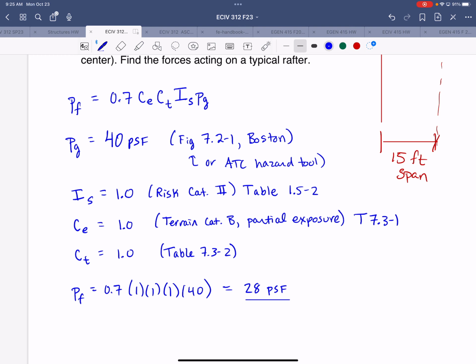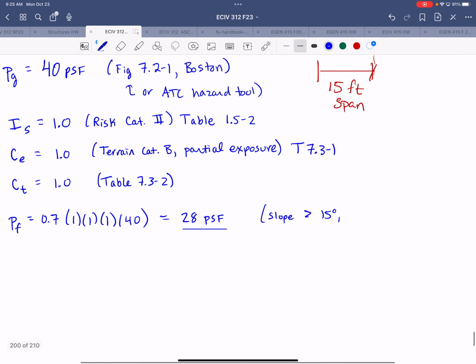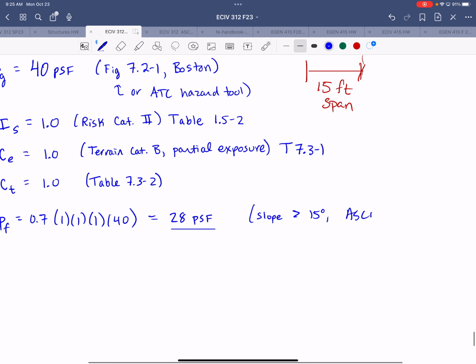So if it's 15 degrees or less, then you have to check the ASCE minimum. We're above 15 degrees, so we don't have to check that. So I'll say slope is greater than 15 degrees, so the ASCE min does not apply.